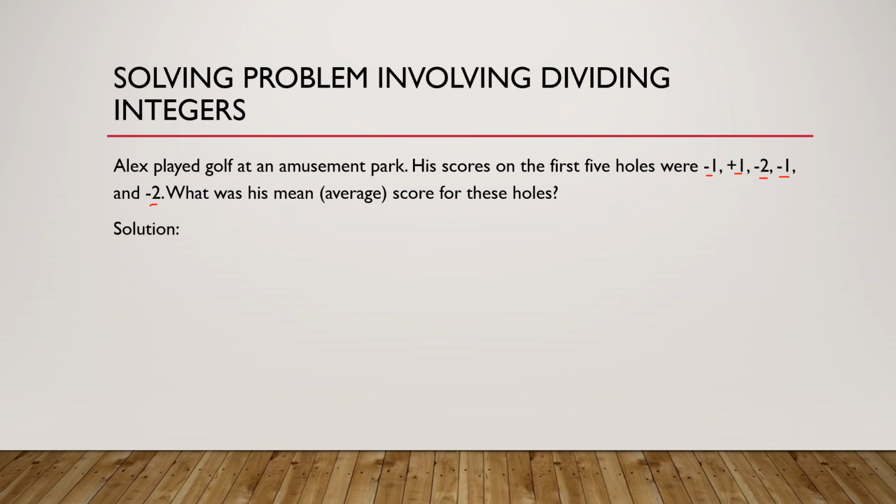Okay, so let's have solutions now. So remember, we're going to get the mean or the average. So here, we have the first 5 holes. So what are you going to do? Well, let's combine.